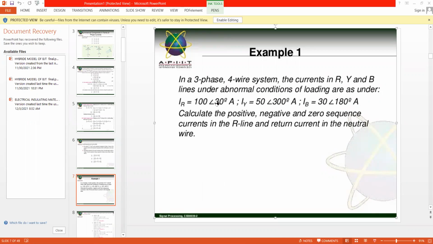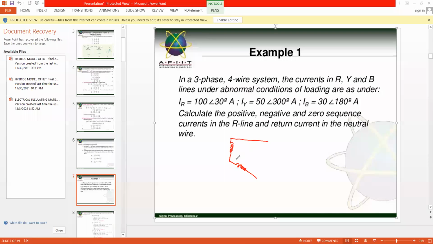Whether the three-phase system is a star or delta is not given, so in this particular case we have to assume something. Here we are assuming it is a star network.